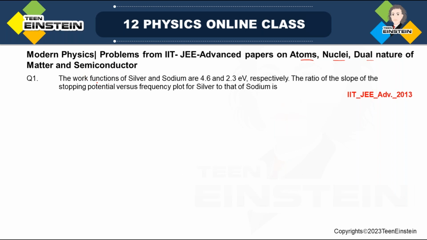So this question is from dual nature of matter. The work functions of silver and sodium are 4.6 and 2.3 electron volt respectively. The ratio of the slope of the stopping potential versus frequency plot for the silver to that of sodium is.